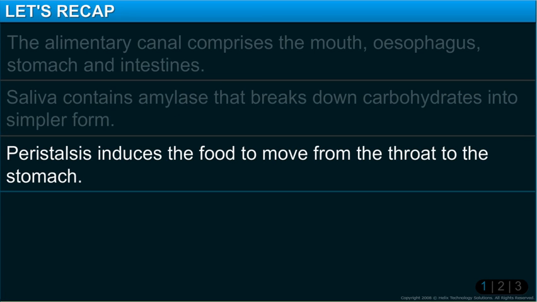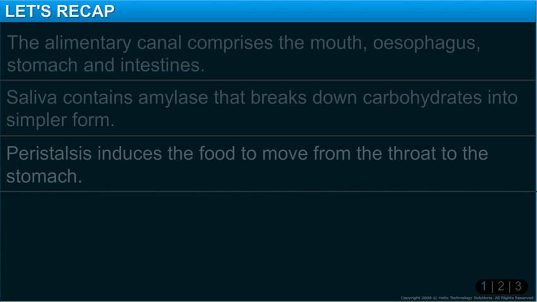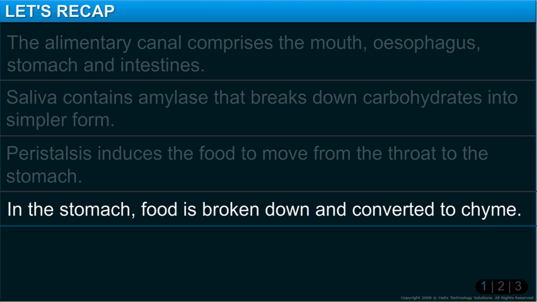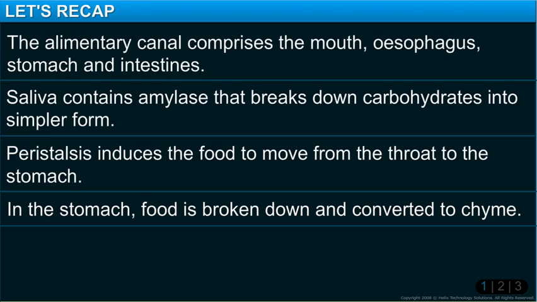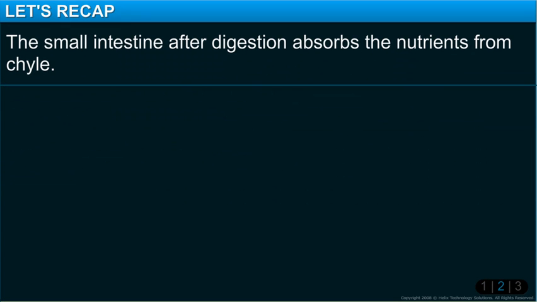Peristalsis induces the food to move from the throat to the stomach. In the stomach, food is broken down and converted to chyme. The small intestine, after digestion, absorbs the nutrients from chyle.